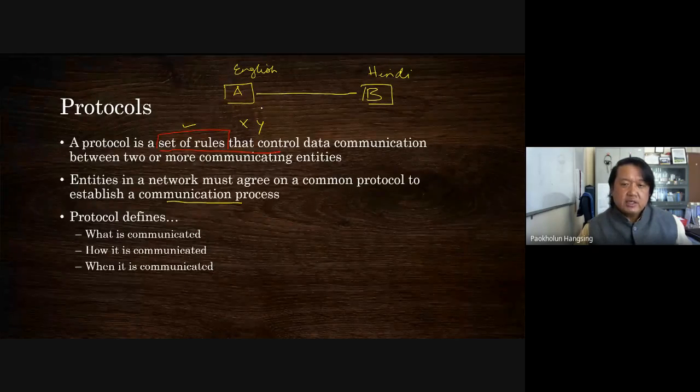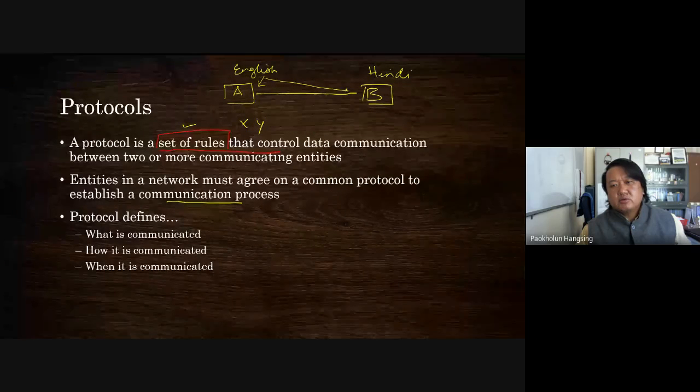So similarly, in data communication also, the communicating entities, the A and B or more, have to have a common language or a common protocol. For example, if A and B both speak English or both Hindi, they may agree that we will speak in English, then they can have a communication between them.